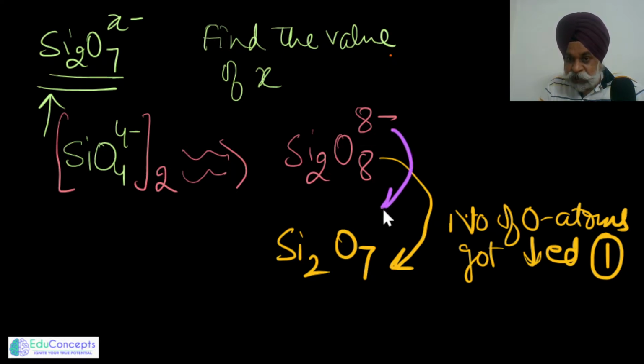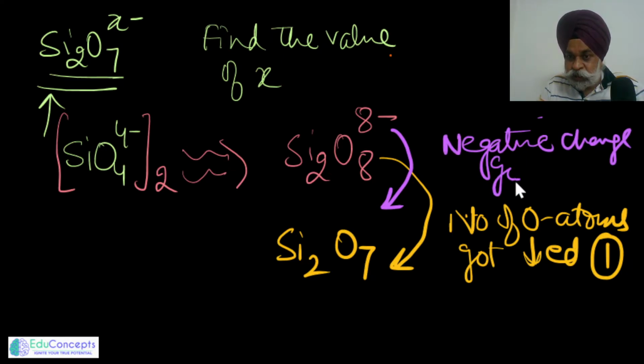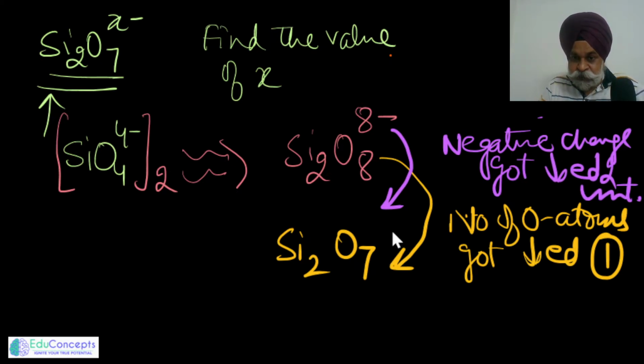The negative charge got decreased by 2 units. So the negative charge which we get is 6 negative here.